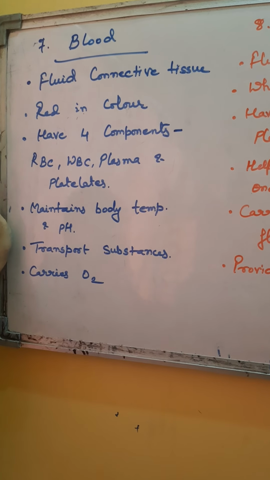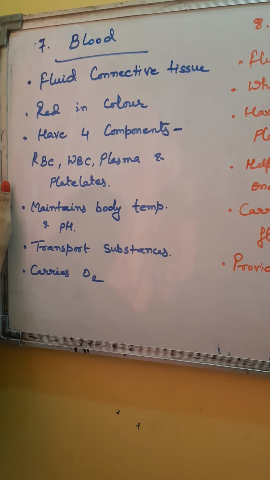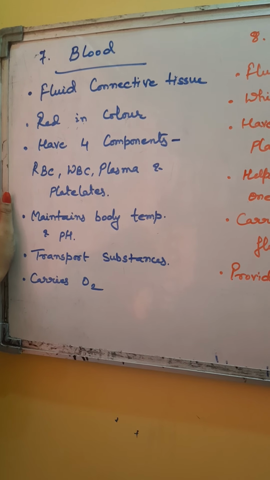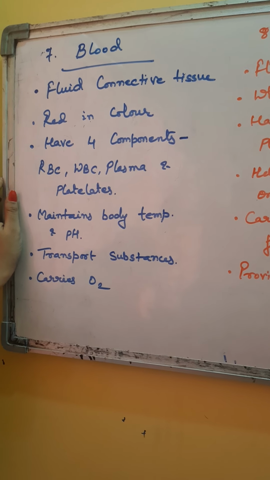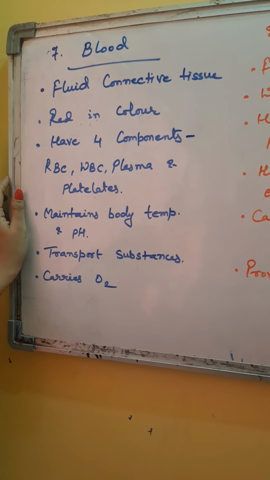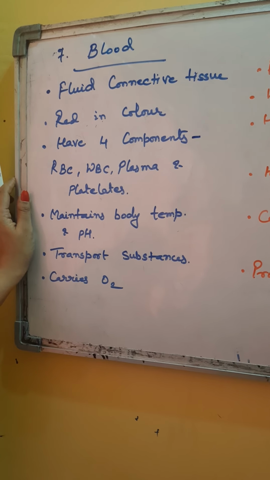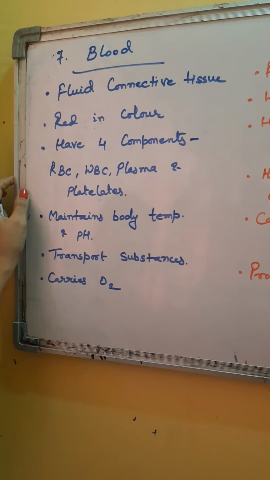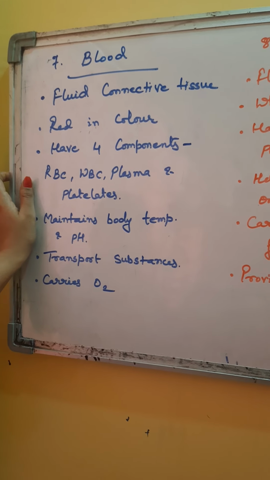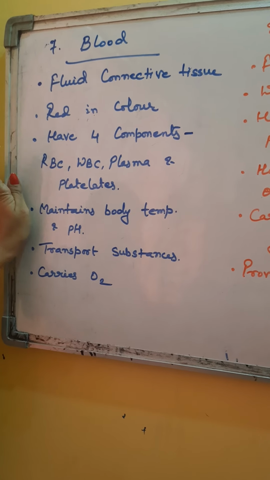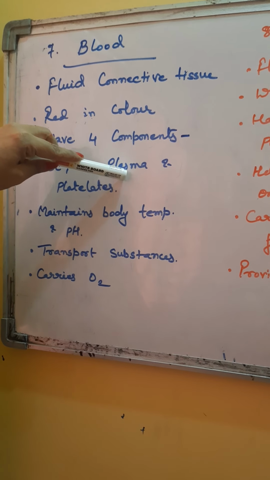The plasma is a light yellow, pale colored liquid of inorganic nature. It is straw colored, which contains proteins, salts, hormones and various inorganic substances, and in the plasma other components of blood are dissolved. It provides liquid base to the blood.